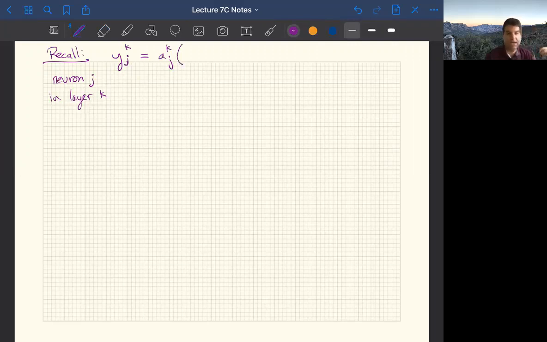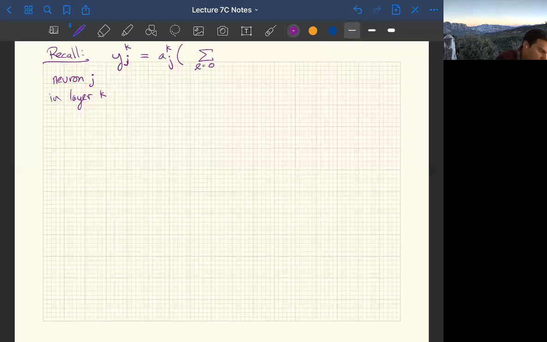And every neuron has its activation function. The activation function takes as an input a weighted sum of all of the outputs of the layer before it.